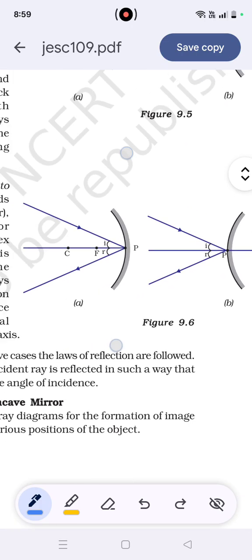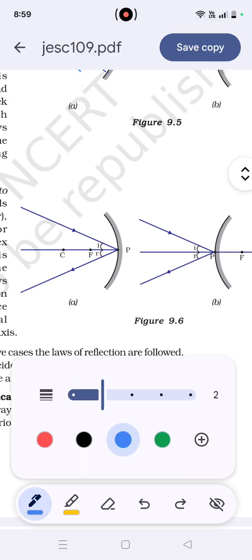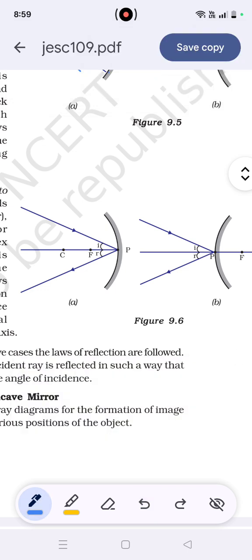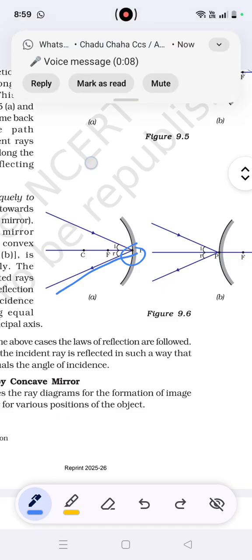I've taught you image. This is an important part. When a ray is incident on the point P, the pole, after reflection it comes back in the other direction, following the law of reflection.